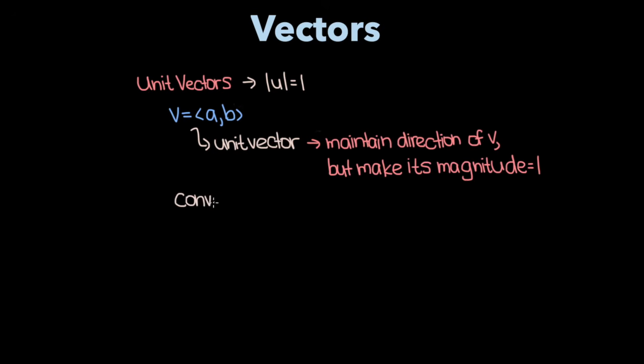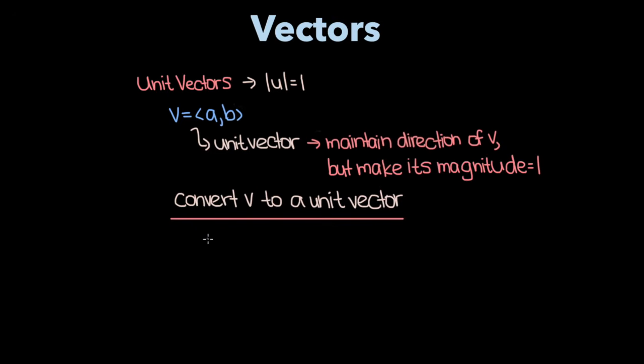And so to convert a vector v to a unit vector, which I'm going to represent with the letter u, we take v divided by the magnitude of v. That is, we're multiplying the vector v by the scalar 1 over the magnitude of v.